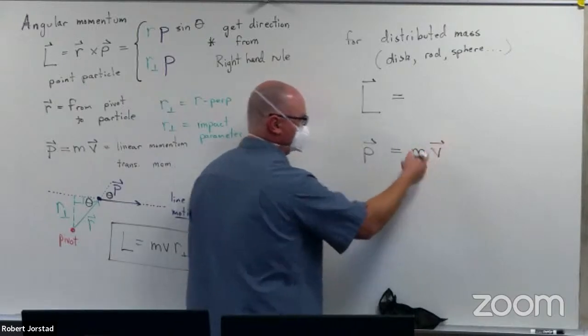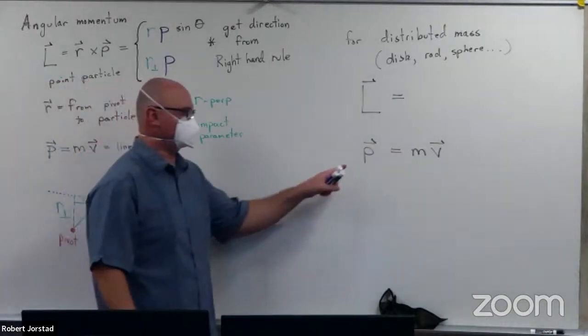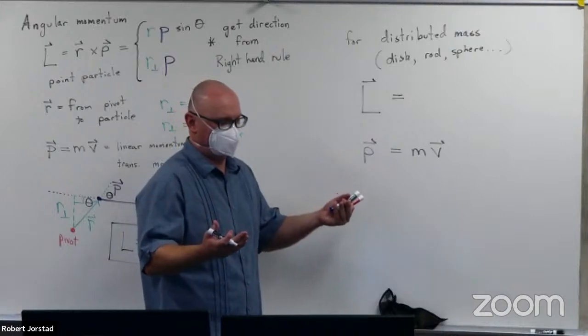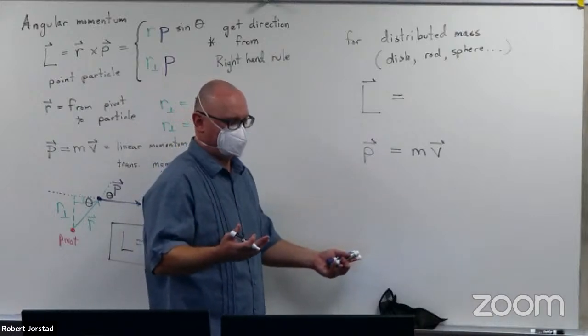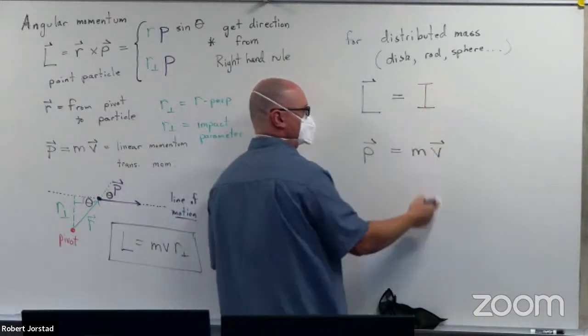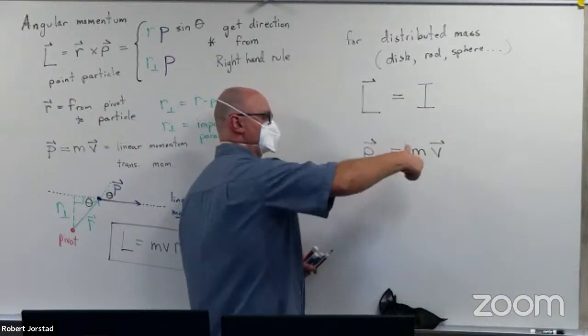What's the rotational equivalent of mass? I. Yes, moment of inertia, I. What's the rotational equivalent of velocity? Omega.